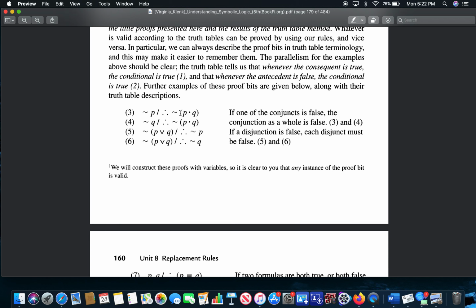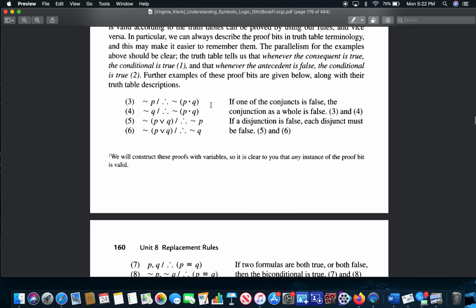You'll be in a situation in a proof where, working backwards, you'll figure that to get home, you need to derive a negated conjunction, and you'll need to notice that you're given the negation of one of the conjuncts. This is the form of what you need: amongst the premises you have the negation of one of the conjuncts.